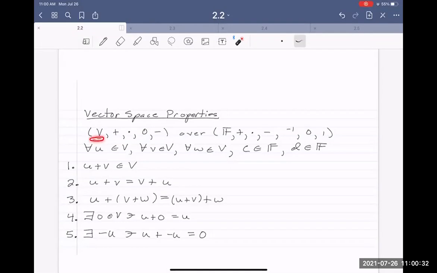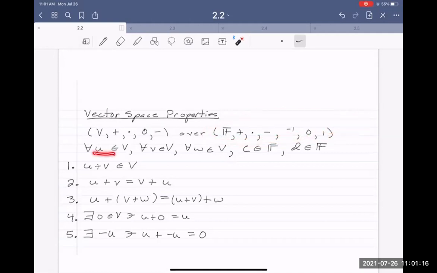So I have some set of vectors, V. I'm able to define a binary operation, addition of vectors, scalar multiplication on the field Cartesian product with the vectors, an additive identity for vector addition, and an additive inverse for my vector addition. And we have a field, just like what we had from before.